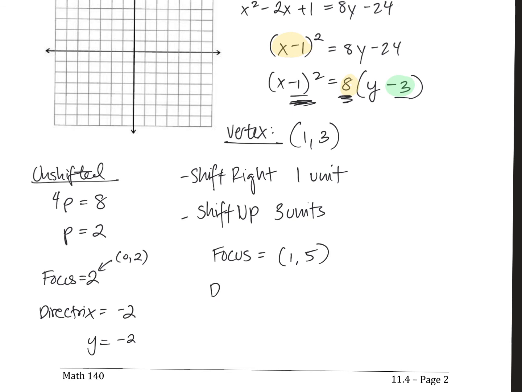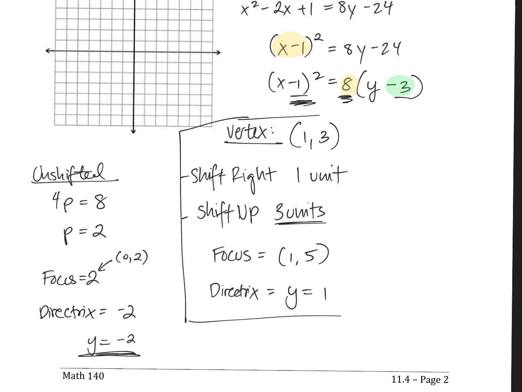And so for our shifted directrix, what affects that? The shifting up or the shifting right? Well, the directrix is going to be affected by the shifting up, so we're going to add 3 units to the negative 2, and we'll get y equals 1. Alright, and there we have the main values. Let's go ahead and box them as the main one. Make sure to state whether your values are the unshifted ones or the shifted ones.